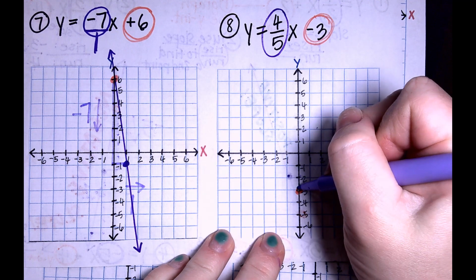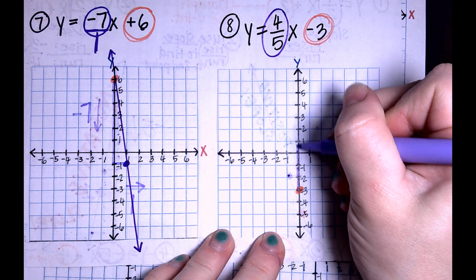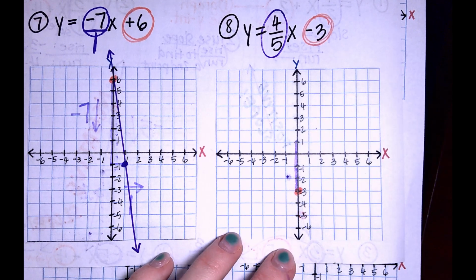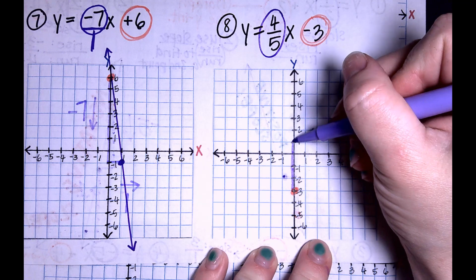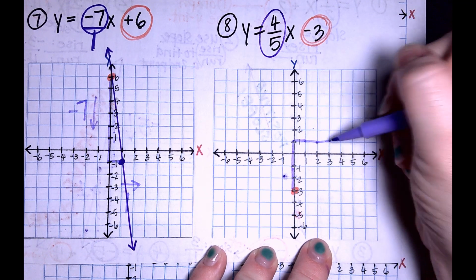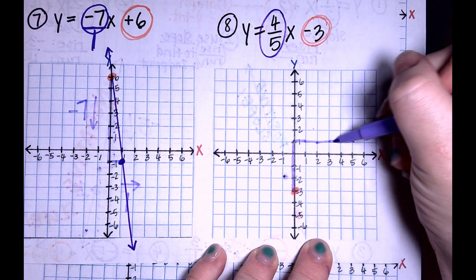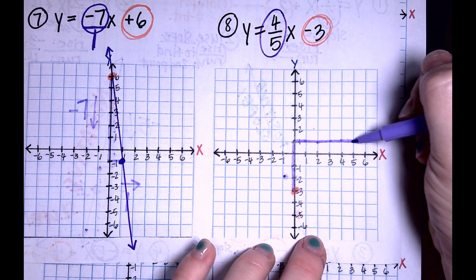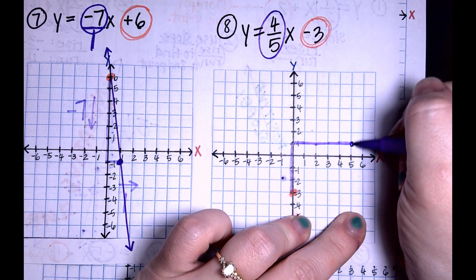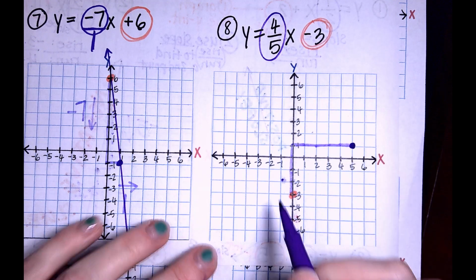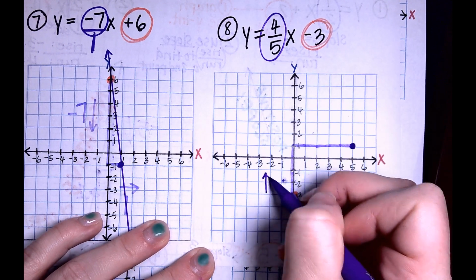Perfect. So I'm going to go up 1, 2, 3, 4. Over to the right 5. Perfect. Over to the right 5. 1, 2, 3, 4, 5. And my next point will be right there where we ended up. So my rise was 4. I went up 4.